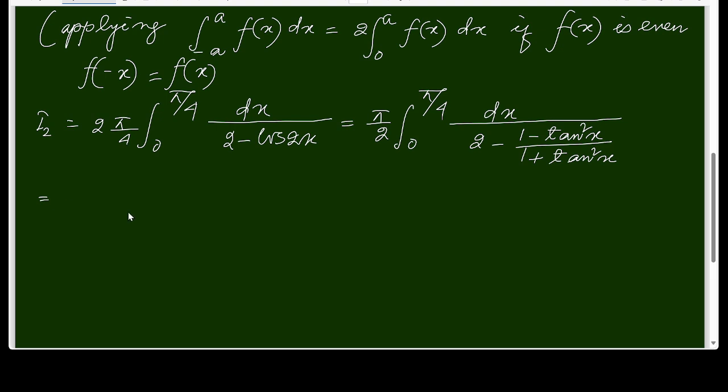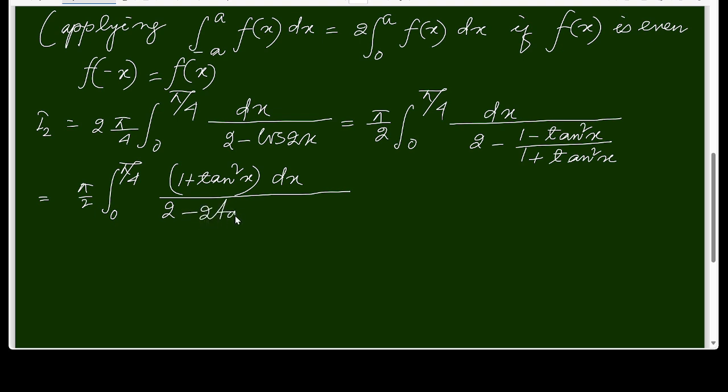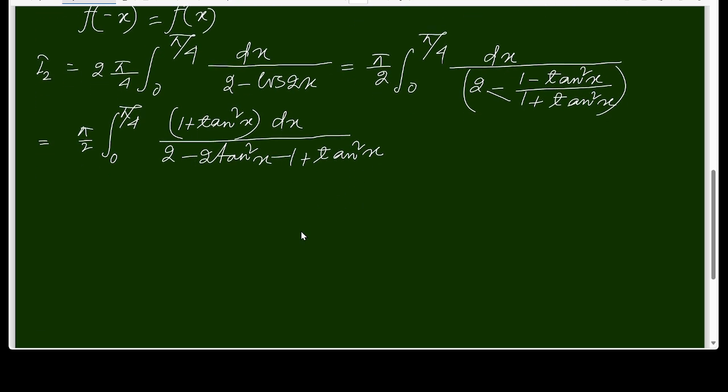This equals pi by 2, integral from 0 to pi by 4, 1 plus tan square x in the numerator, which will become sec square x. And in the denominator we'll get 2 plus 2 tan square x minus (1 minus tan square x).